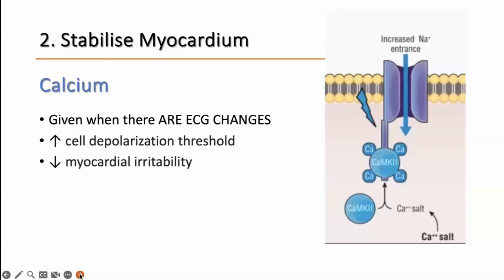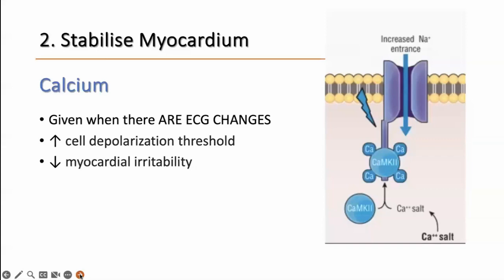It raises the cell's depolarization threshold and reduces that myocardial irritability. So like we said, hyperkalemia ultimately results in a very increased resting membrane potential. Calcium results in an increase in the cell depolarization threshold. So your myocardium and the muscle isn't as irritated and dysregulated.